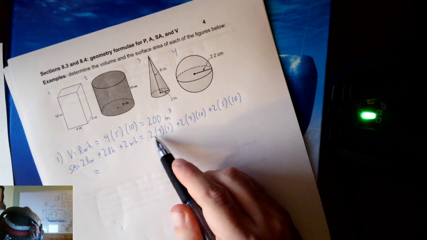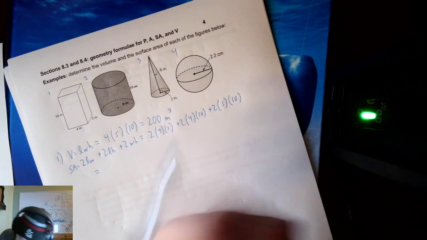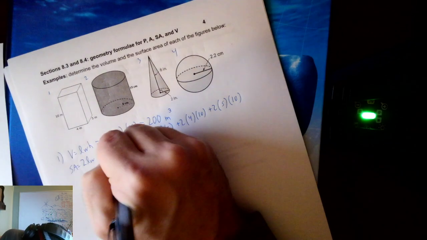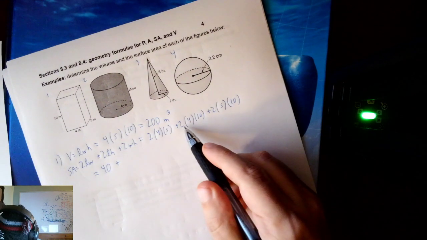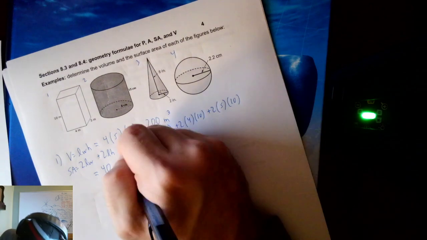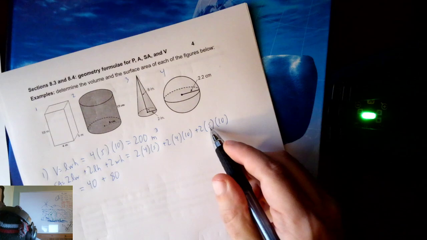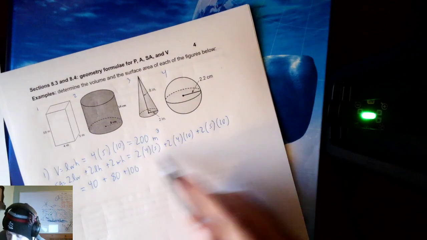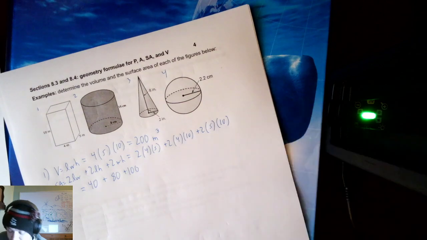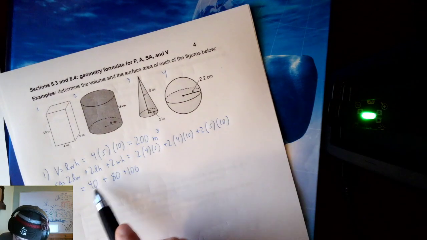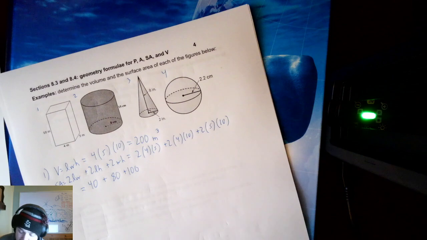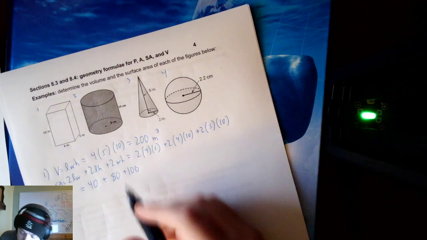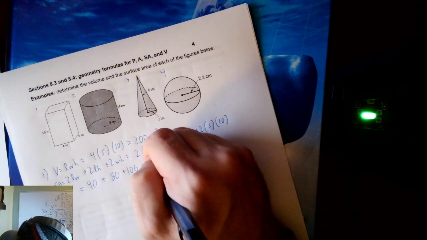Let's see. 2 times 4 is 8, times 5 is 40, plus, in the second one I get 2 times 4 is 8, times 10 is 80. And then in the last one I get 2 times 5 is 10, times 10 is 100. So I did my multiplications. I multiplied each of my values here. Let's see, 40 plus 80 is 120, plus 100 is 220.